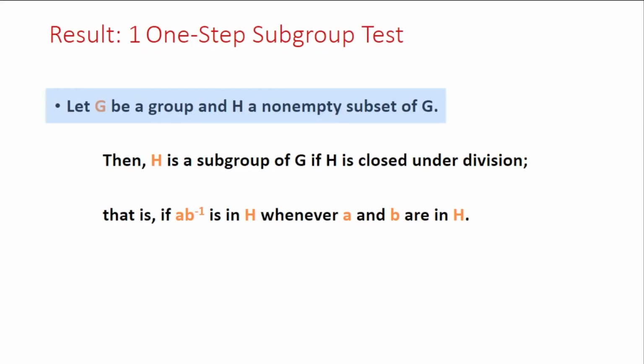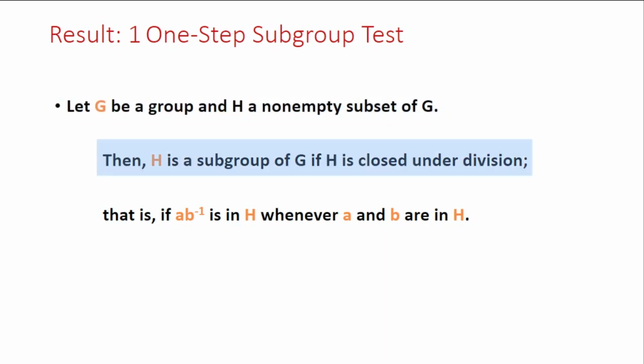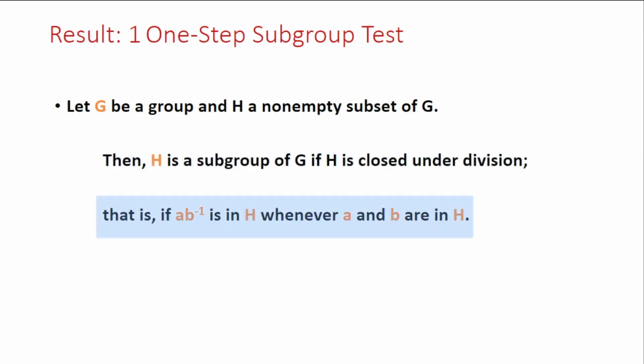One-step subgroup test. Let G be a group and H a non-empty subset of G. Then H is a subgroup of G if H is closed under division, that is, if ab^-1 is in H whenever a and b are in H.